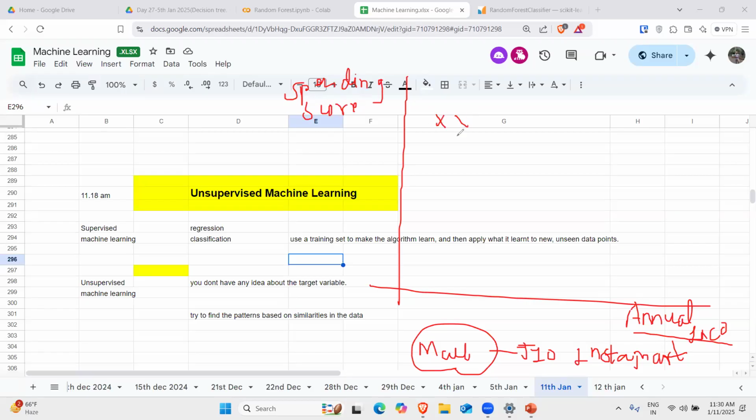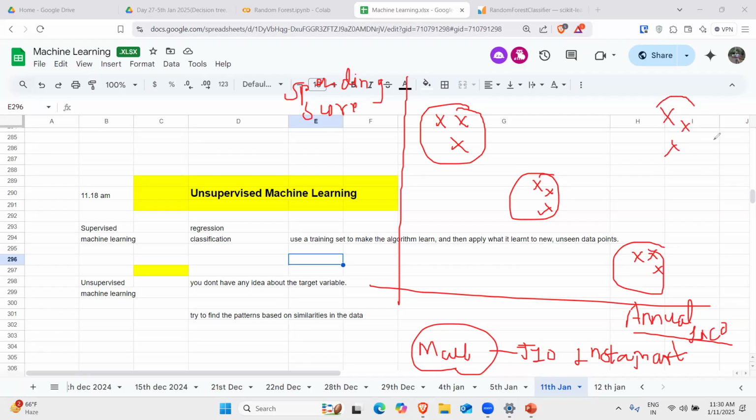So 1, 2, 3. Suppose these 3 data points are here, these 3 data points are here, and these 3 data points are here, right? You could have these data points as well. So what we do is cluster these data points.